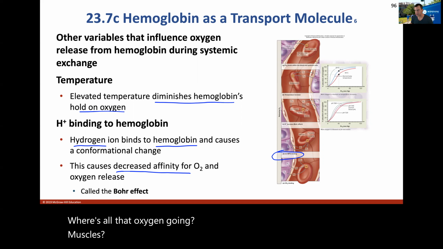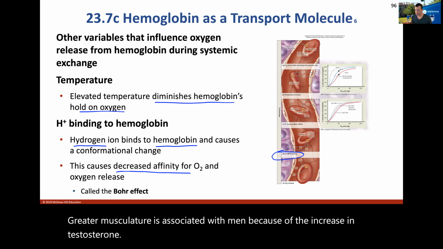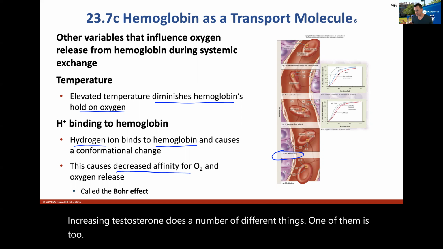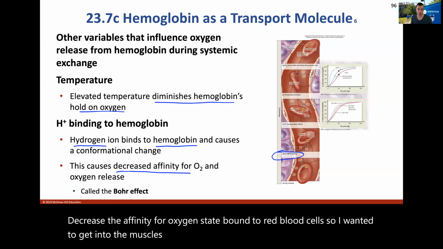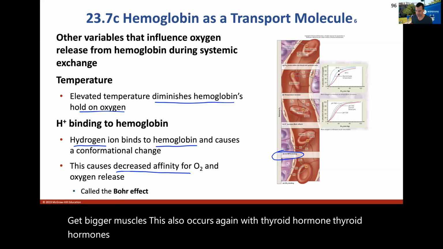Greater musculature is associated with men because of the increase in testosterone. Increase in testosterone does a number of different things. One of them is to decrease the affinity for oxygen to stay bound to red blood cells. So it wants to get into the muscles, and you can do more work, get bigger muscles. This also occurs again with thyroid hormone. Thyroid hormone is associated with an increase in metabolism, which is again associated with growth.